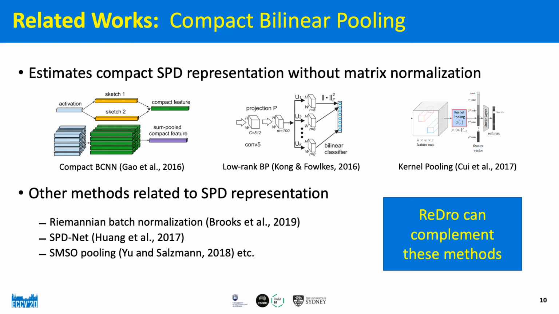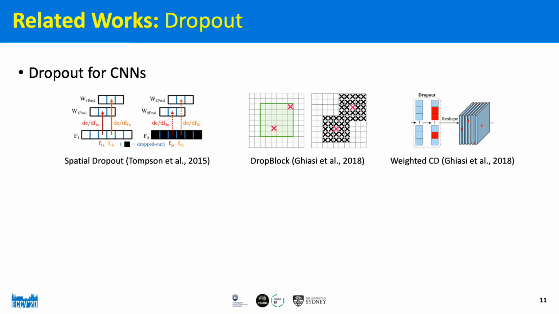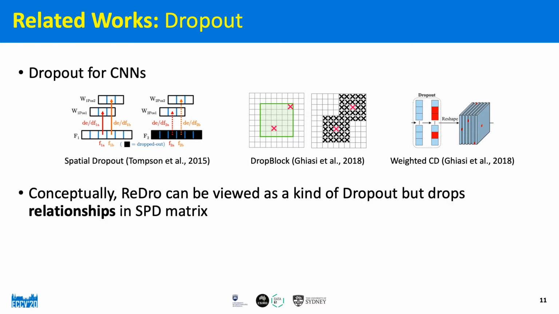ReDro can be embedded into these methods to perform efficient matrix normalization. Inspired by the dropout idea, some researchers extended it for CNNs, such as spatial dropout, DropBlock, and weighted channel dropout. Conceptually, ReDro can be viewed as a kind of dropout but drops relationships in SPD matrices.